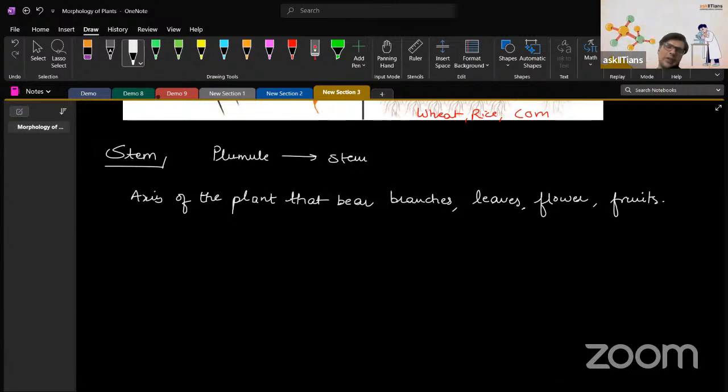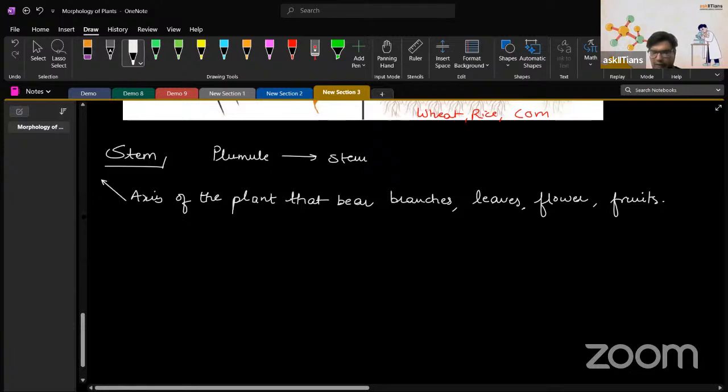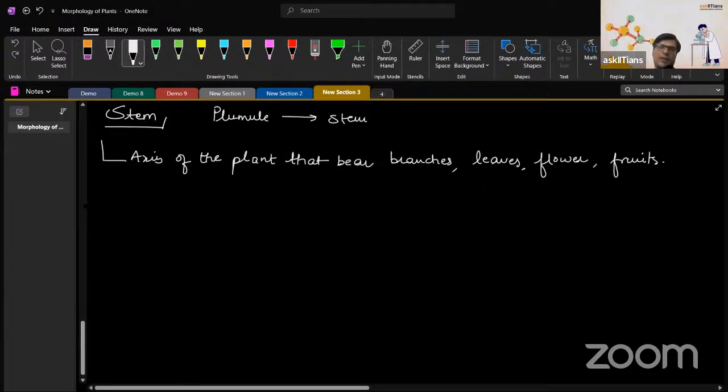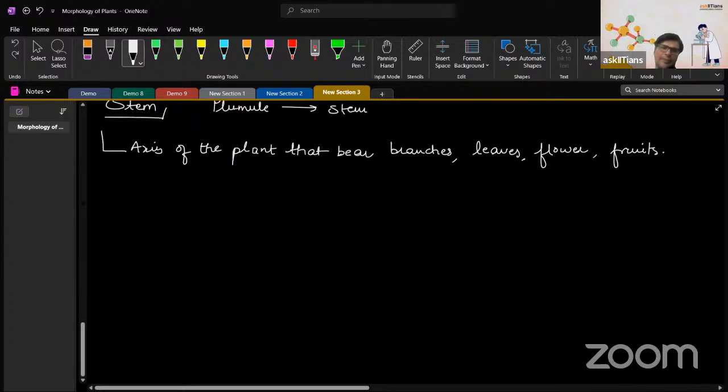Now, when we are talking about a stem, it develops from the plumule. It might contain nodes and internodes. I hope you have heard of that. There are two new terms here: nodes and internodes. If you guys have seen a sugar cane, it is quite easy to understand, right?